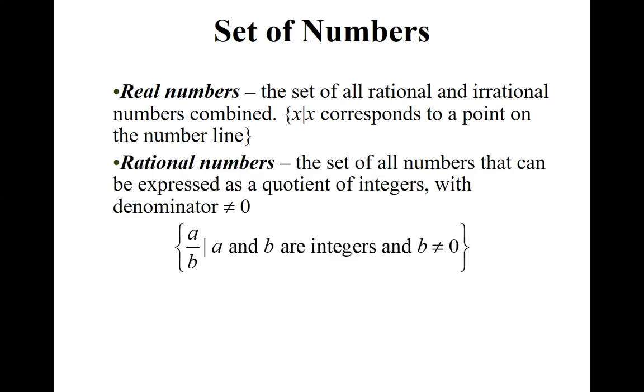Rational numbers are the set of all numbers that can be expressed as a quotient of integers with denominator not equal to 0. In other words, fractions. Fractions where we don't divide by 0 because we can't divide by 0. The set of all a over b such that a and b are integers and b is not 0. So that's saying that the top is an integer, the bottom is an integer, the numerator, the denominator.